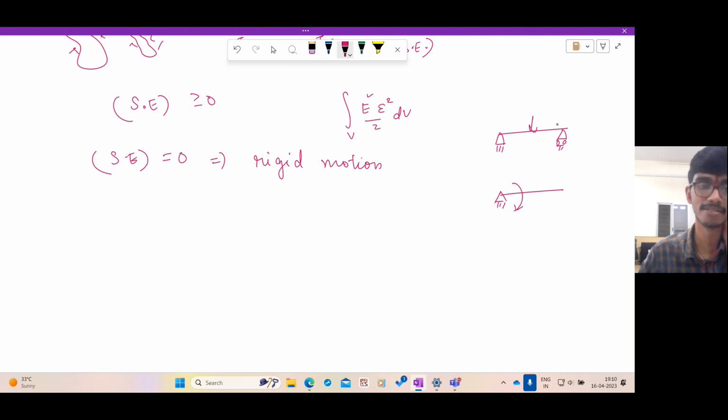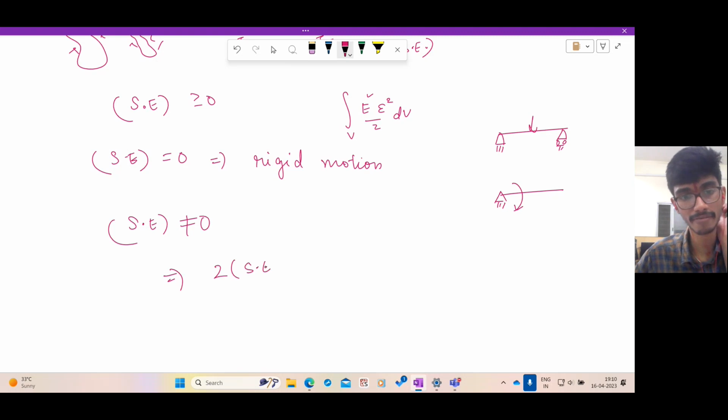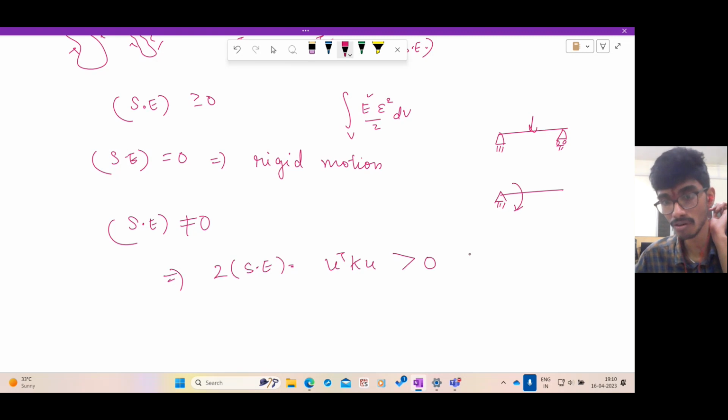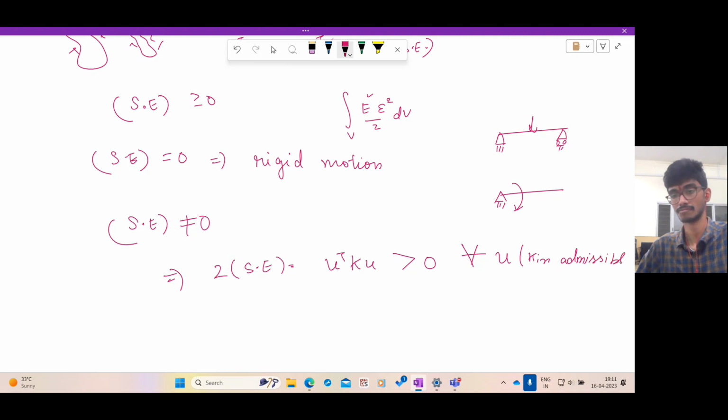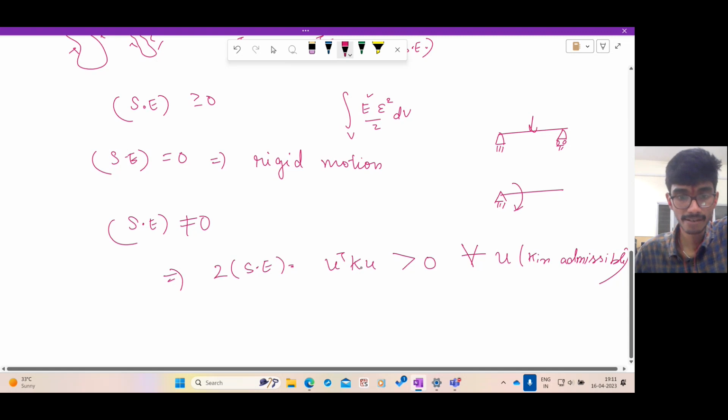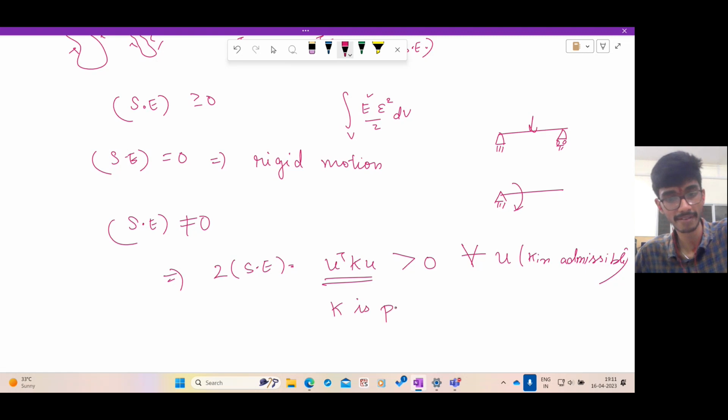So a stable structure doesn't allow rigid body motion, which means the strain energy is not equal to 0, which means 2 times strain energy, which is equal to U transpose KU, is always strictly greater than 0 for all kinematically admissible displacements U. So basically, we have proved that the stiffness matrix K is strictly positive definite as long as the structure is stable.